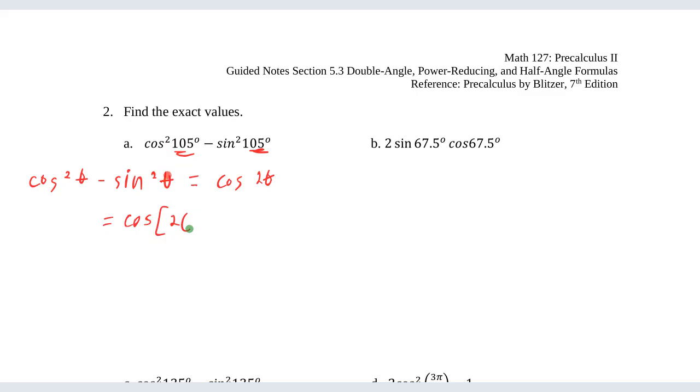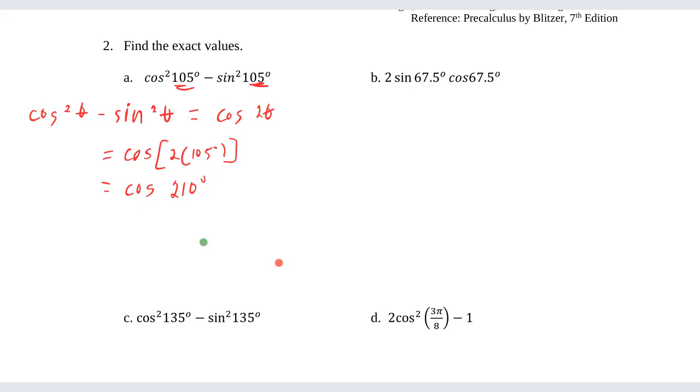What is the angle theta here? We see that this is 105 degrees. So in this case, we have cosine 210 degrees. And then from here, we are going to evaluate this by applying what we have learned about the reference angle.